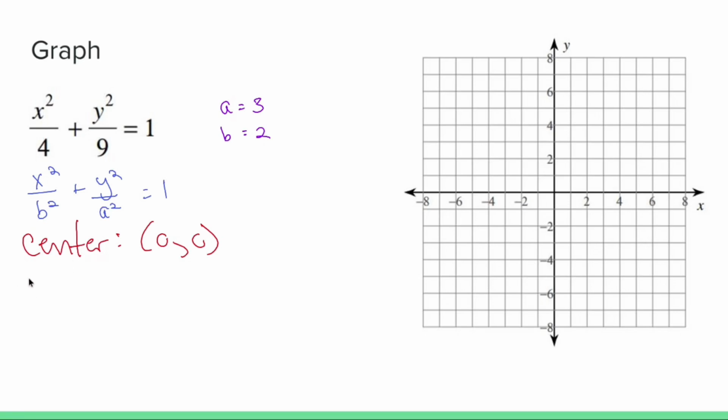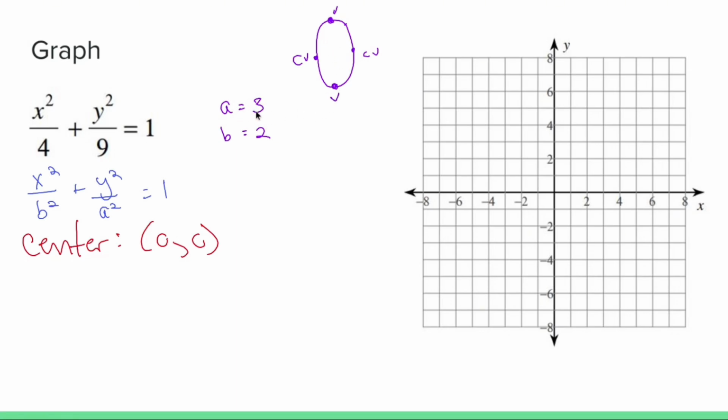So the way we find out our vertices is, since this is a vertical ellipse, it's going to look tall and skinny. So the vertices are going to be up here, and your co-vertices are going to be over here. Really quickly, the vertices are always going to be the numbers that are attached to the longer line.